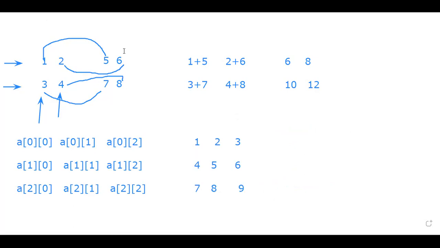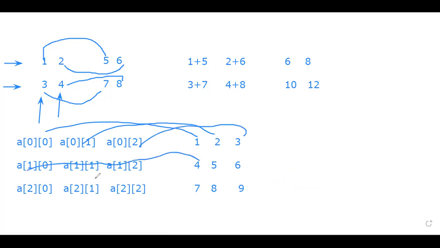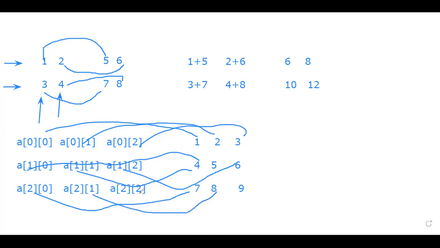Now map the values here. So this will represent this one. This will represent this one. Same way, this will represent this one, and this one, and this one.